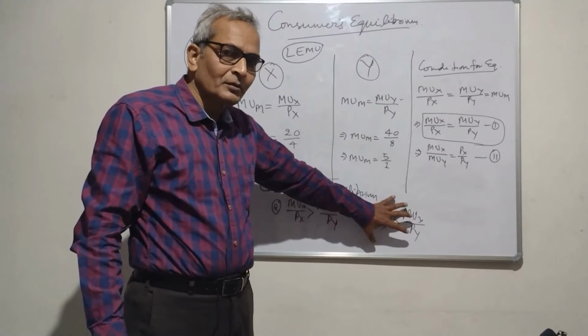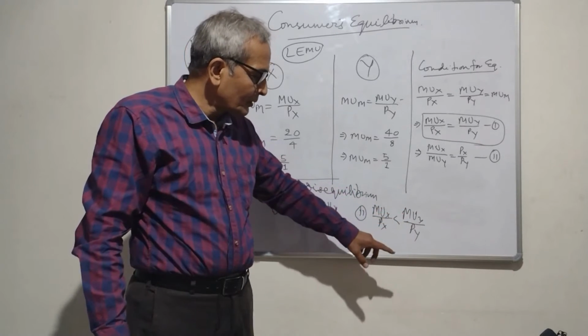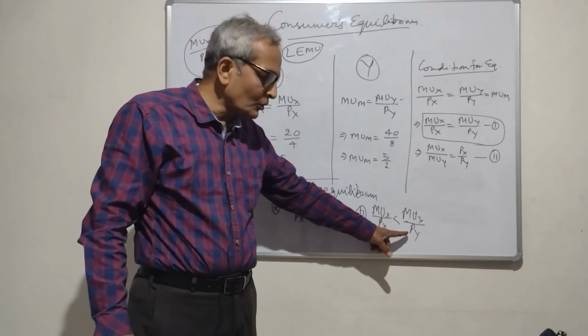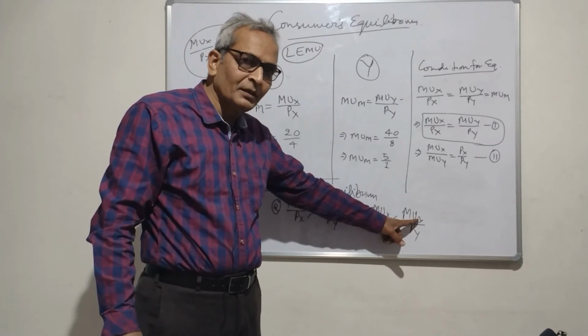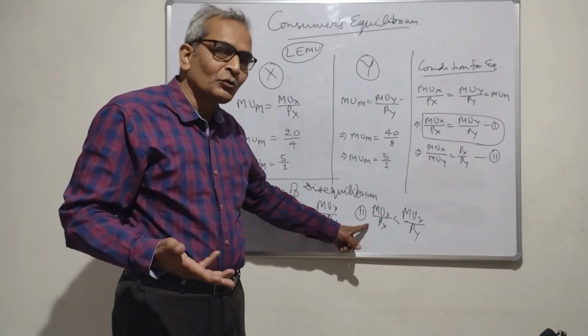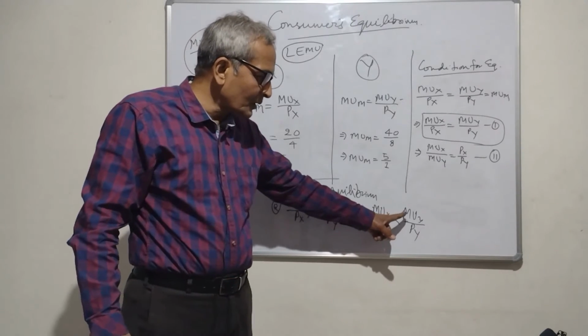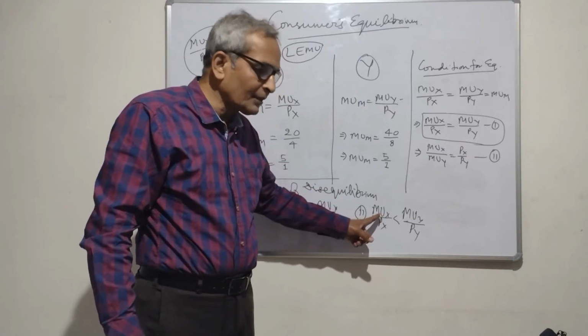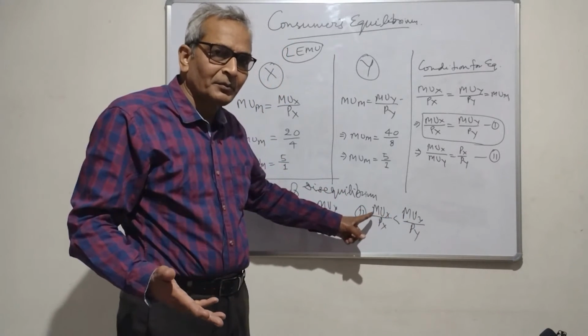Similarly, in this case, what is happening? The consumer is deriving more marginal utility of money by consuming Y than X. So, what will the consumer do? The consumer will consume more of Y and less of X, as the budget is limited, as we have seen.